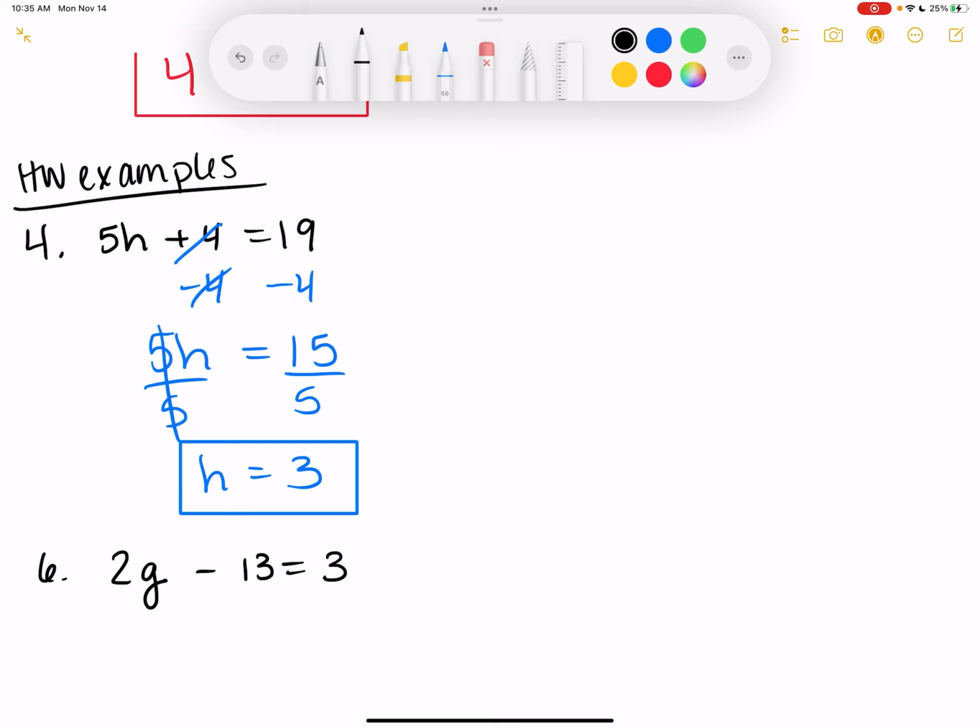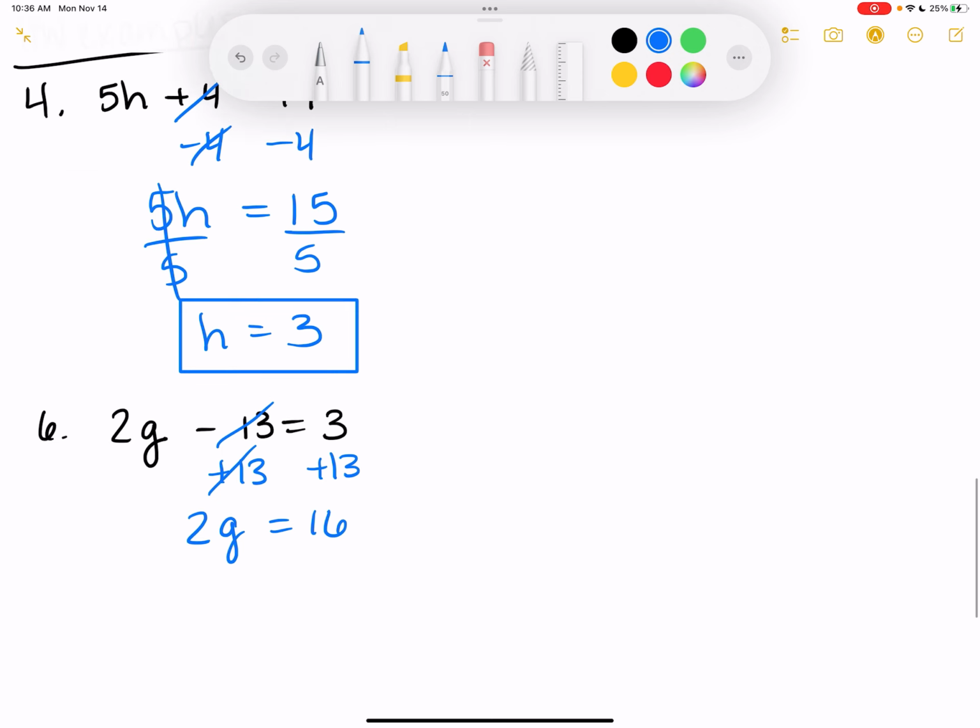So you're gonna add the 13 on both sides. Then divide by 2 on both sides. And 2 goes into 16 8 times.